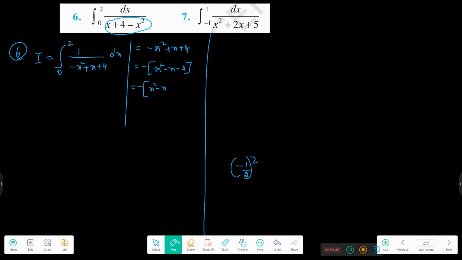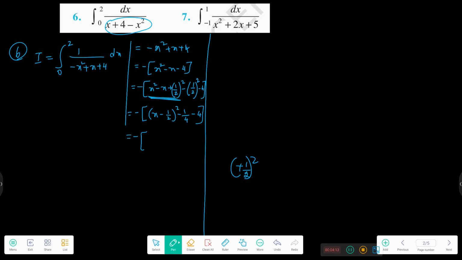When you square this, plus 1 by 2 whole square, so plus 1 by 2 whole square minus 1 by 2 whole square, and there is the minus 4 here, which you write as it is, minus 4. Let the minus be outside. The first 3 terms will form the formula. So x minus 1 by 2 whole square minus 1 squared, 1, 2 squared, 4, minus 4.